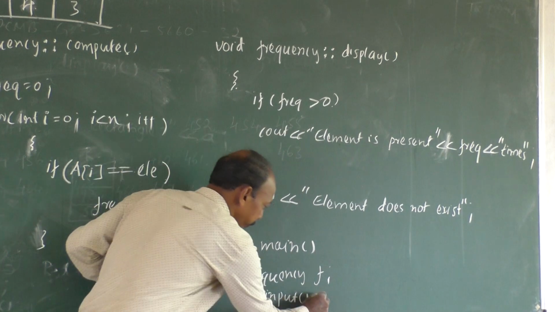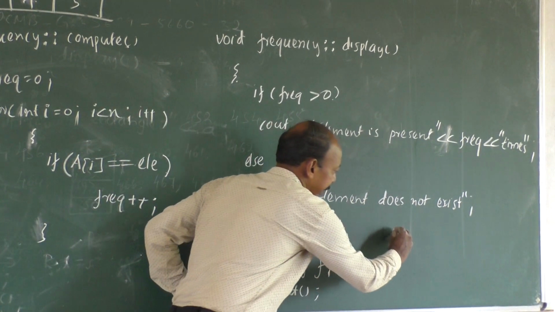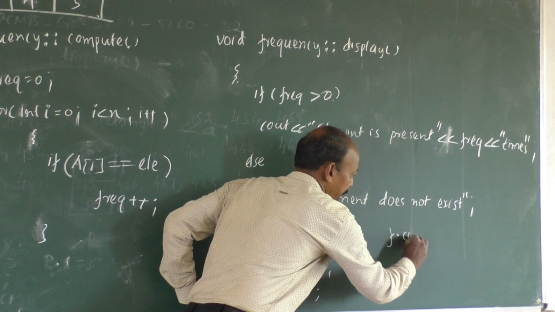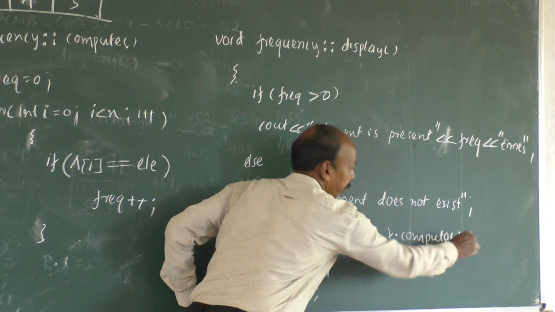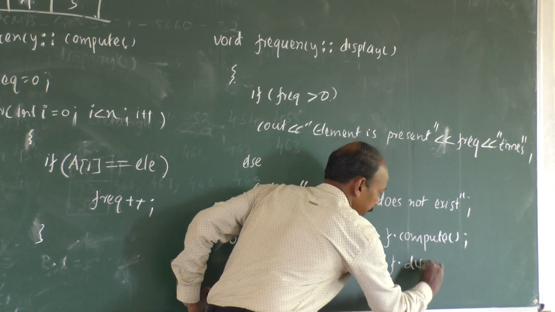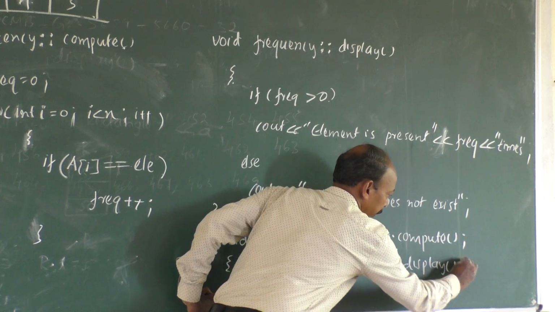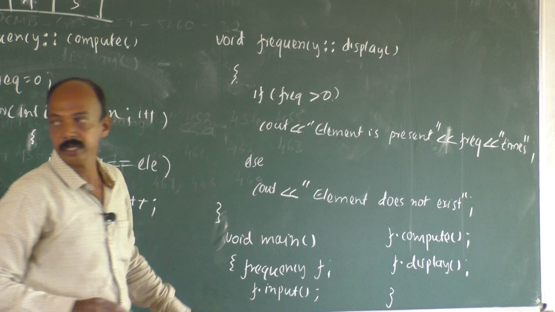All the values which we need are inputted. Then I will write it here, F dot compute. And the last one will be F dot display. Get ch we can write and close it.